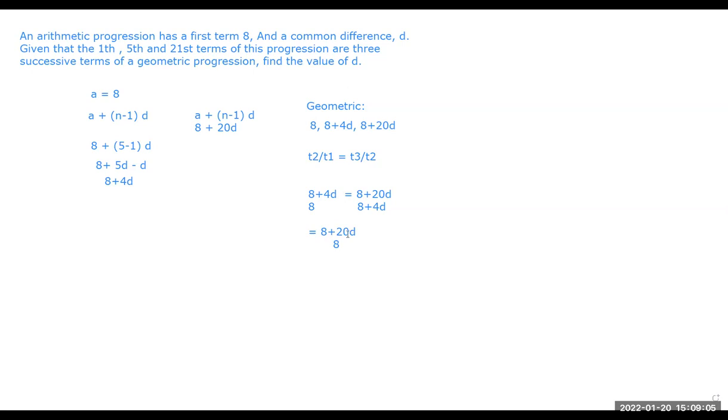How are you going to solve that equation now? I don't know if you can draw a line to show that it's a fraction. 8 plus 4d over 8. Yeah, because when you write it that way, it doesn't look like the line above that one.